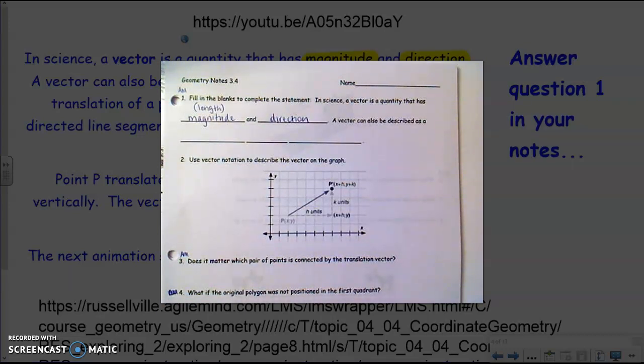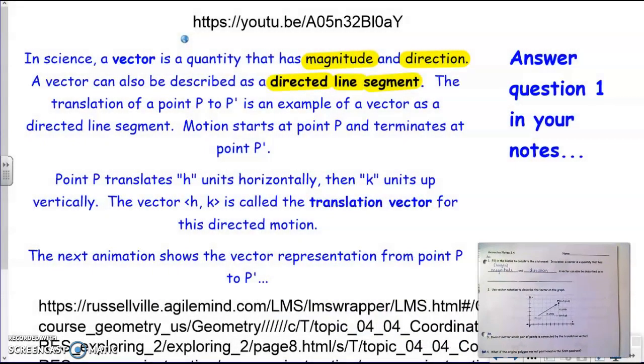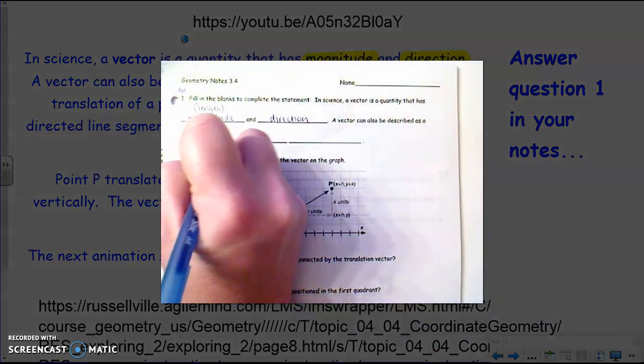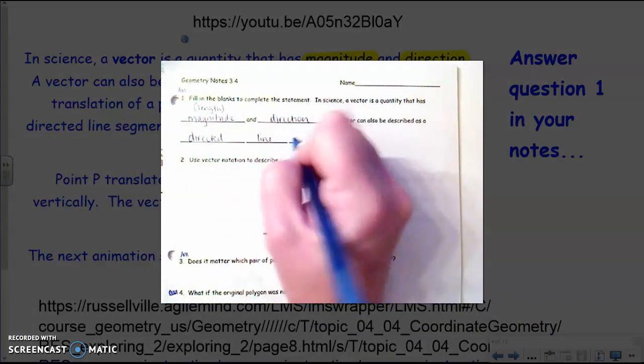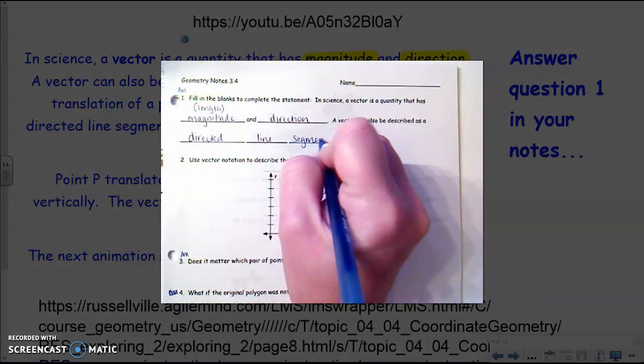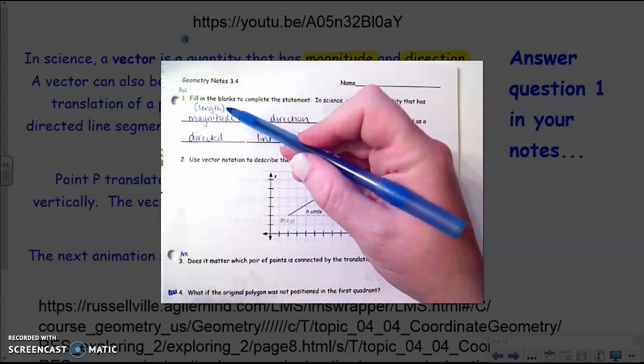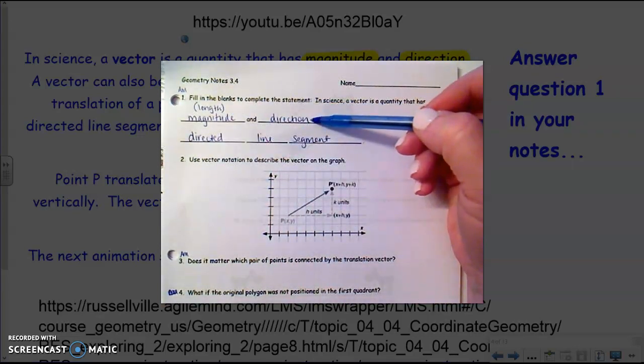A vector can also be described as a directed line segment. So that is the second part of your notes here on number 1, directed line segment. So it's not just a line segment because line segments have a definite length, but they don't have a certain direction you have to go.